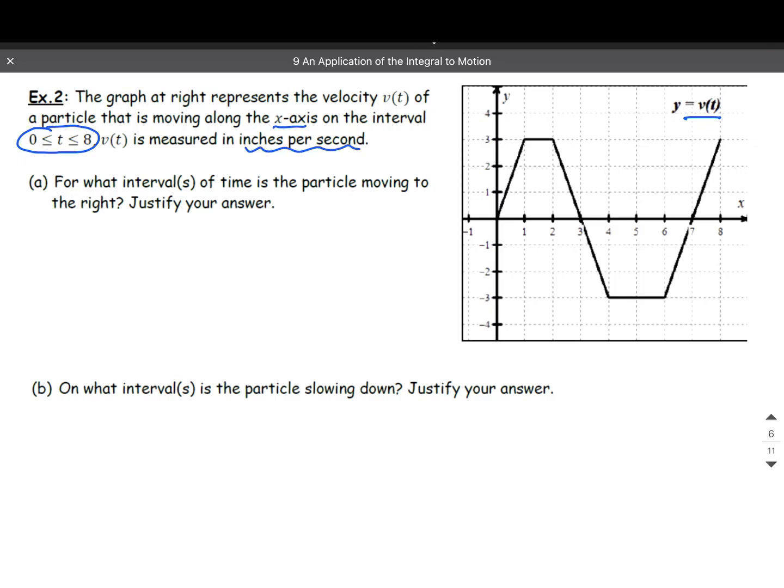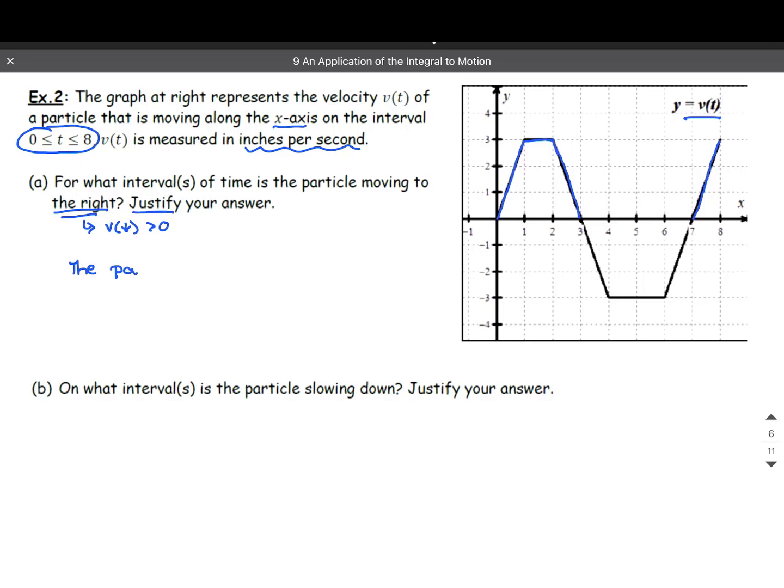So for what interval or intervals of time is the particle moving to the right? If the particle is moving to the right, the velocity has to be greater than 0. So where is that happening? Anytime the velocity is above the x-axis, okay? So that means the particle, and notice it says justify, so we have to be careful here.